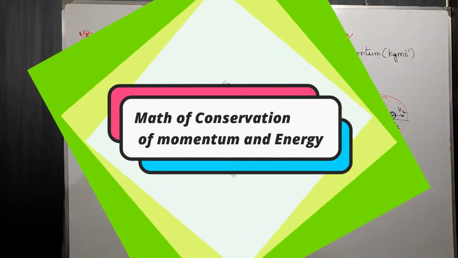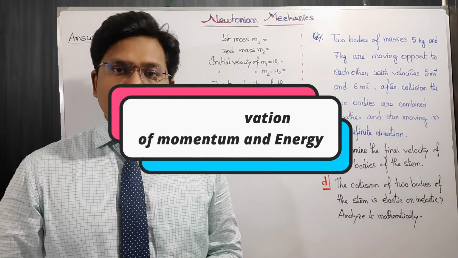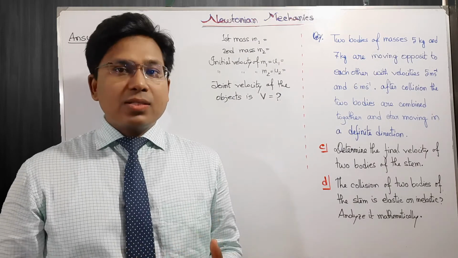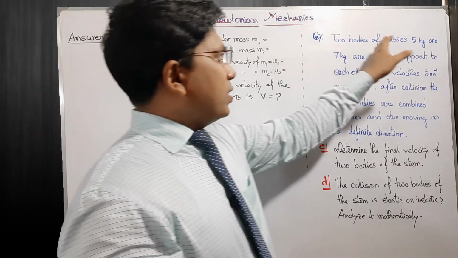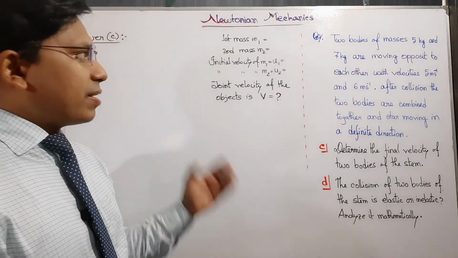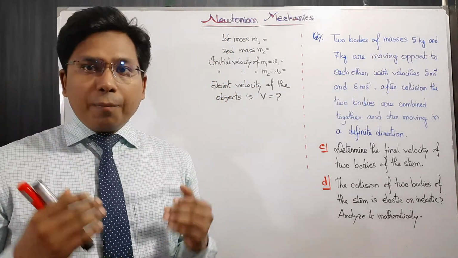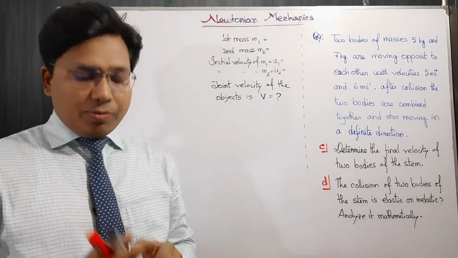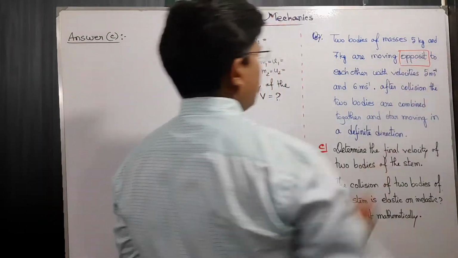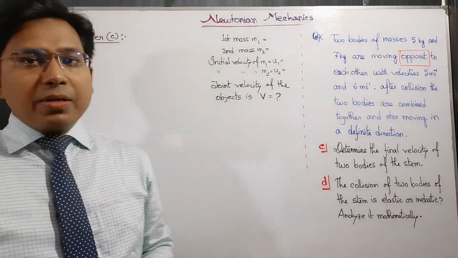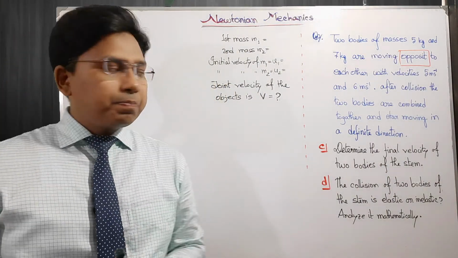where v acts as the combined body velocity. Students, here I want to show you a very important step on the basis of my earlier discussion. Here two bodies of masses 5 kg and 7 kg are moving opposite to each other. Very important words, mark it: opposite to each other, with velocities 5 meter per second and 6 meter per second.